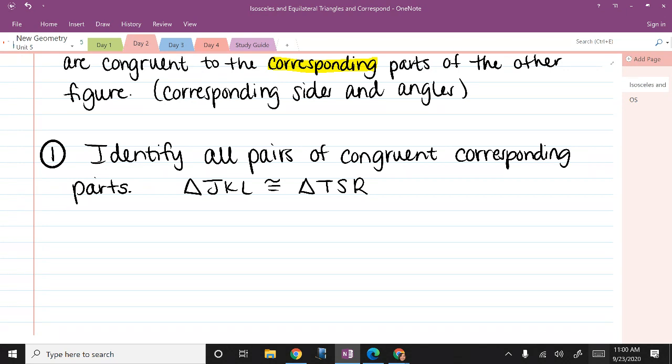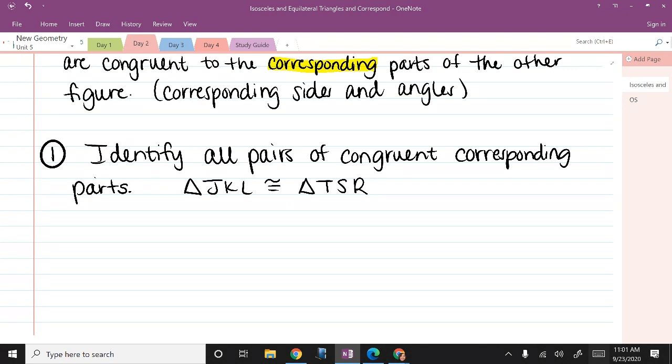The way that we identify corresponding parts of congruent triangles or any congruent figures is in the name. How we name them matters. The order of their name matters. Put your pencil down right here and watch me. You see how J is the first letter over here?